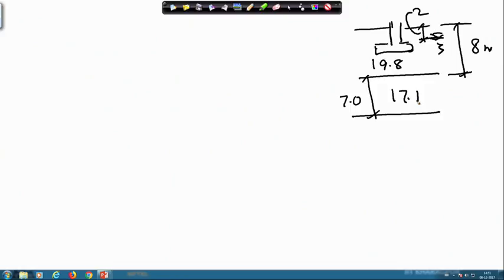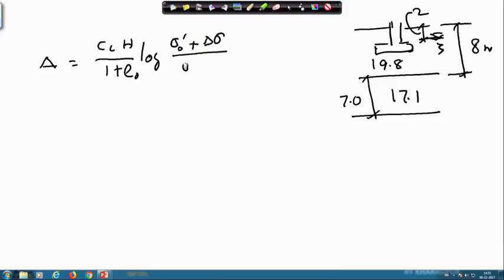What other information do we have? As we have decided, we will be using the formula delta equal to C c into H by 1 plus e naught, log of sigma naught dash plus delta sigma divided by sigma naught dash. We have C c equal to 0.6, e naught equal to 1.2 and H equal to 7 meter, since the consolidating clay layer is 7 meter thick.